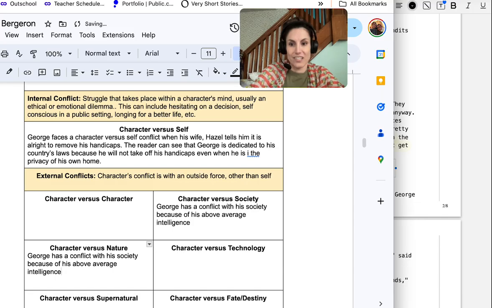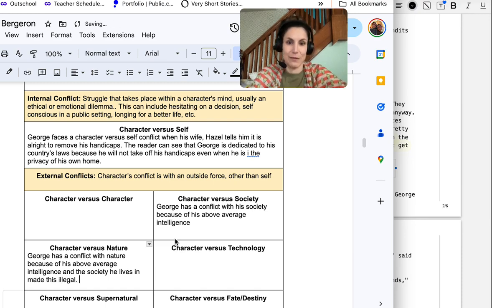So George has a conflict with nature because of his above average intelligence, and the society he lives in made this illegal.